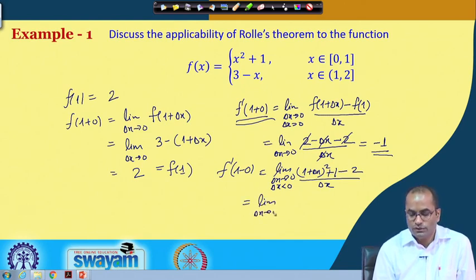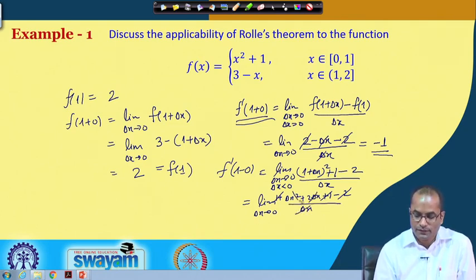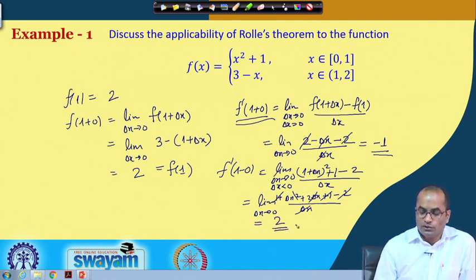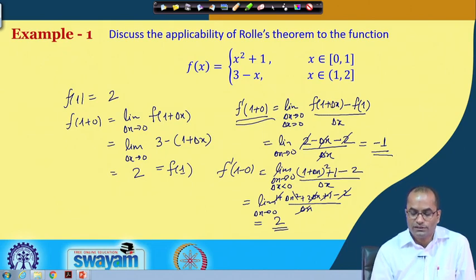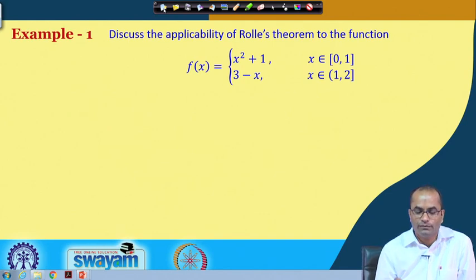Expanding, we get 1 plus 2 delta x plus delta x square plus 1 minus 2, so the constants cancel out, and as delta x goes to 0 this comes to 2. So, the left derivative is 2 and the right derivative is minus 1. The function is not differentiable at the point 1, so Rolle's theorem is not applicable in this case.